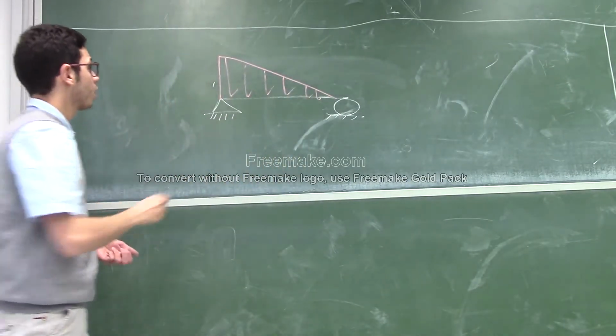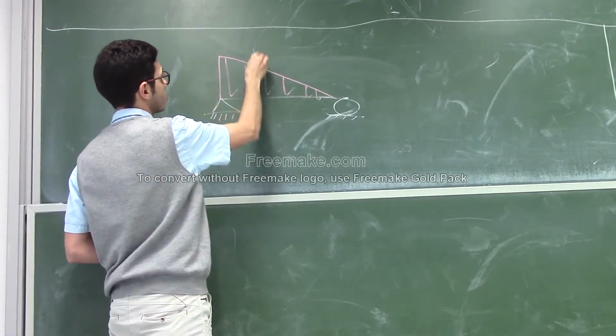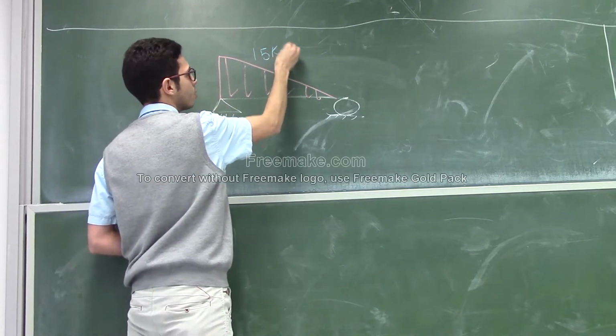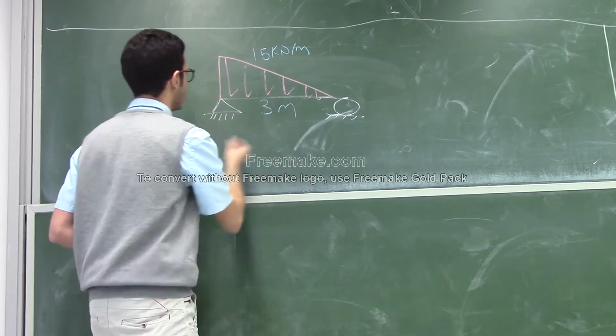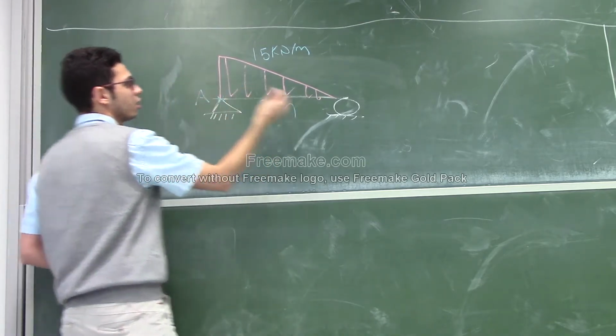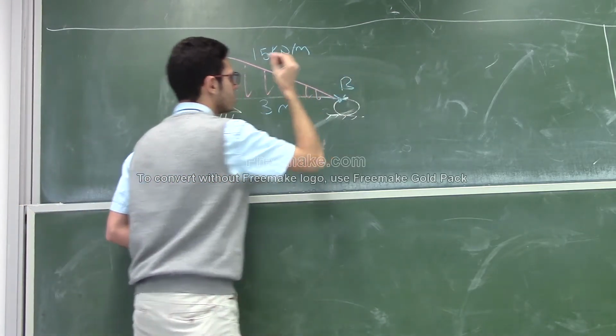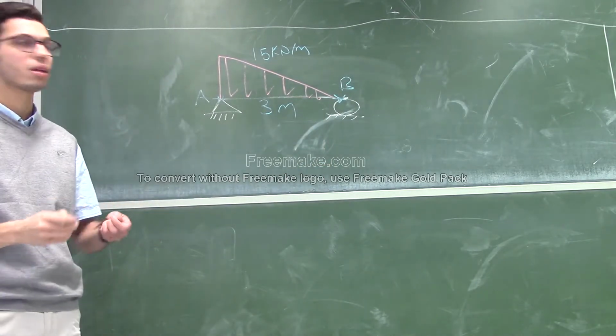And the load magnitude is, let's say, 15 kN per meter. And the length of this beam is 3 meters. This point is point A, and this point is point B. Okay? So let's solve this example.